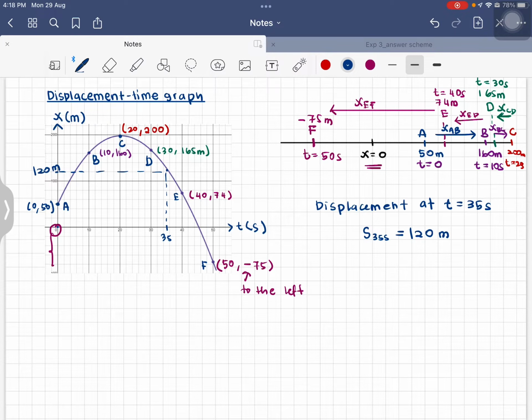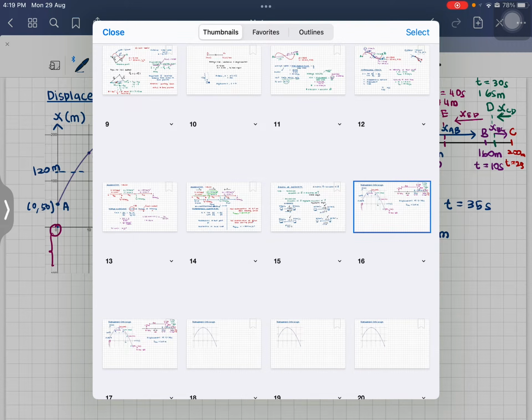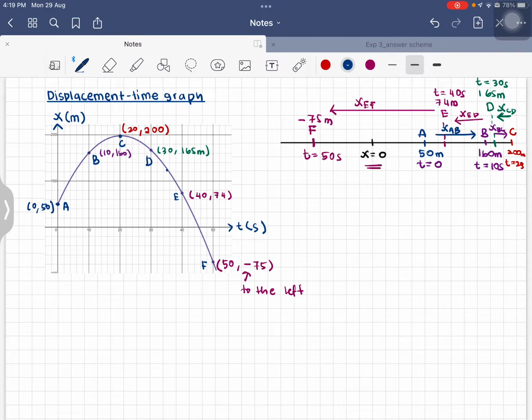But now, let's see. You want to find the average velocity and instantaneous velocity. First we will look at average velocity, and then we will look at instantaneous velocity. Let me erase this first. Okay. You will have two types of velocity. The first one is average velocity.